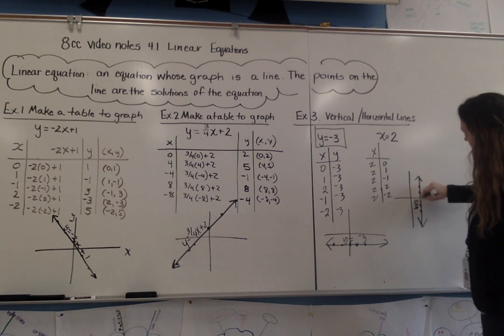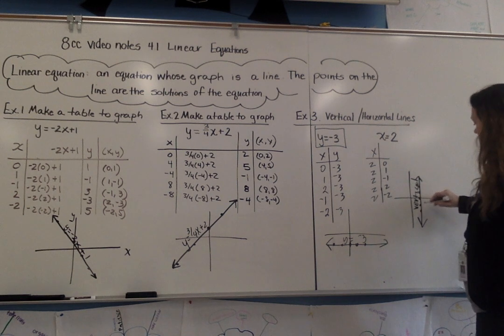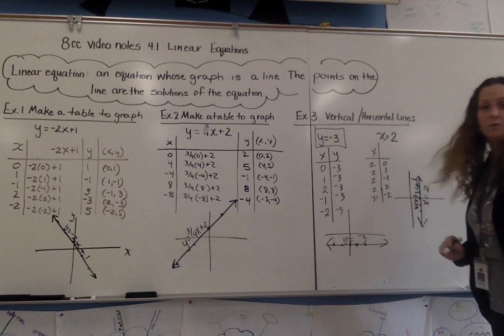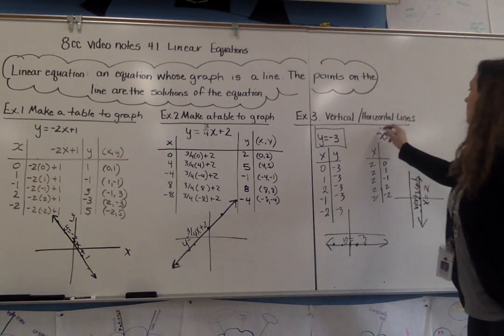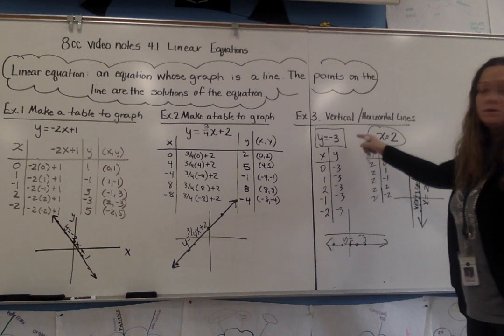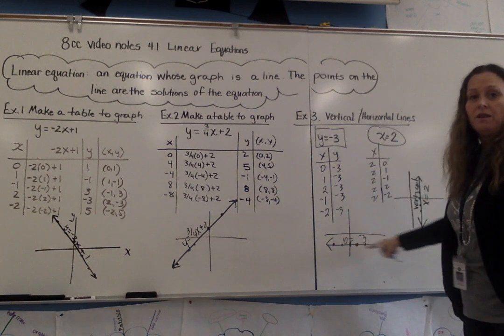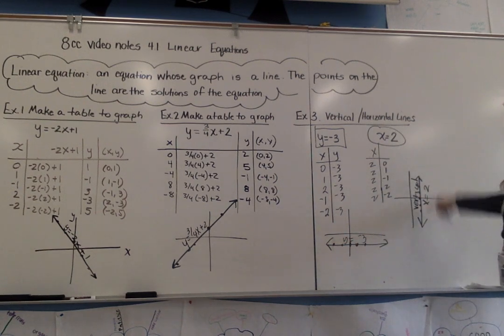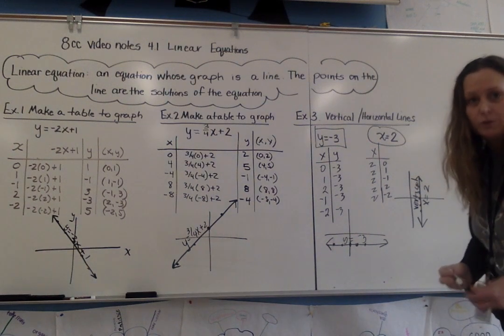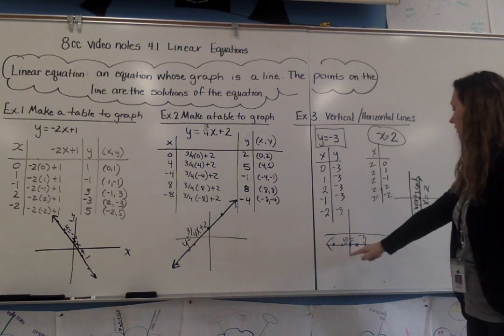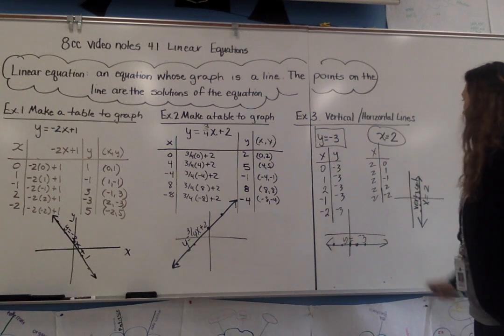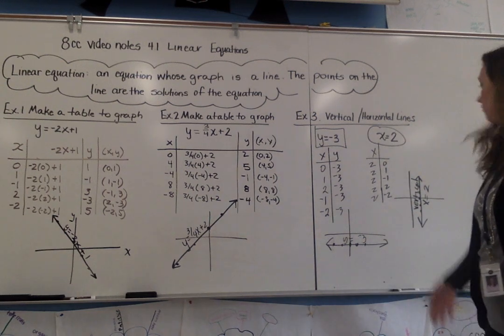That is a vertical line, and that is x equals 2. So y equals is going to give you a horizontal line, and x equals is going to give you a vertical line. You don't even need a table for those, but be aware that y equals lines are horizontal and x equals lines are vertical.